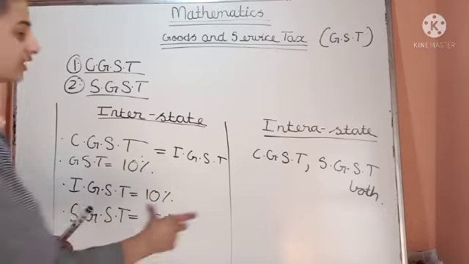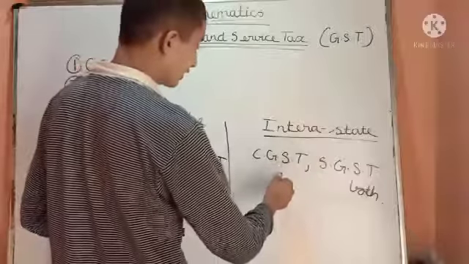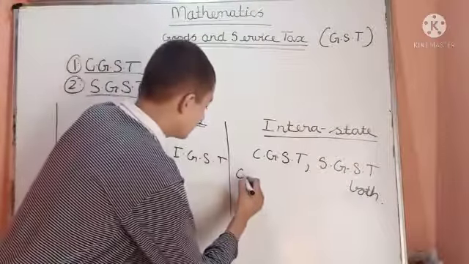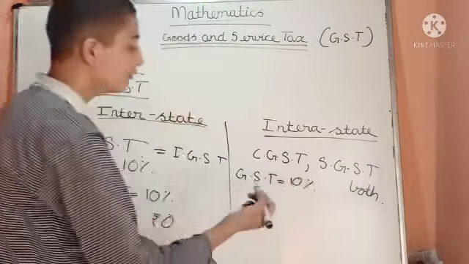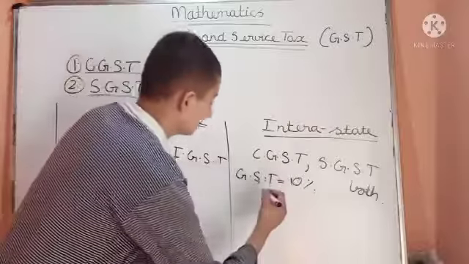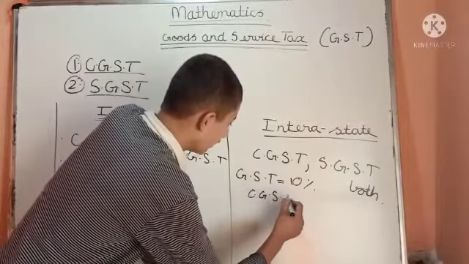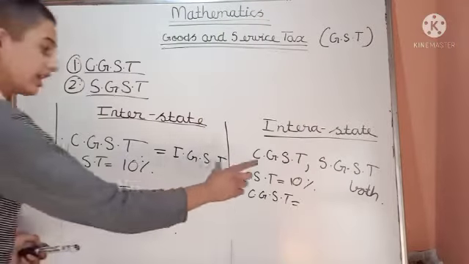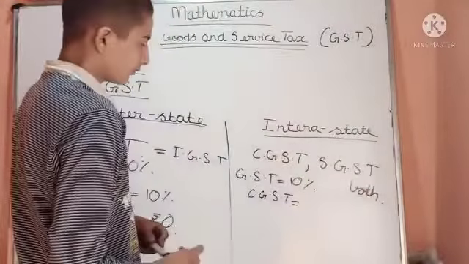And in an intrastate sale, both state government and central government get tax. If GST is 10%, then you will divide it in half. Remember that in interstate you write IGST, but here you will not write IGST because there are two different GSTs.